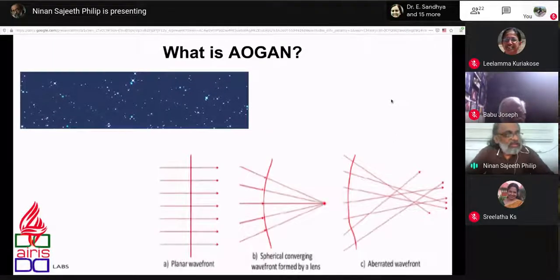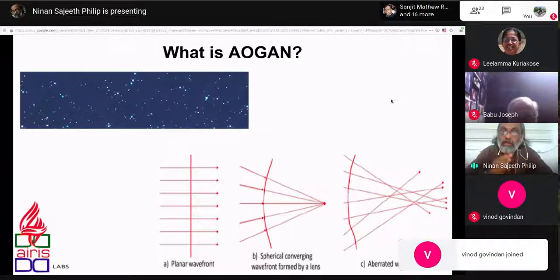And as I said, the plane wavefronts have been distorted very, very randomly by the atmosphere, that the aberrations it produces, we can at best say that it gives us a Gaussian profile. It's not possible to correct it completely without the adaptive optics, which we are going to discuss.